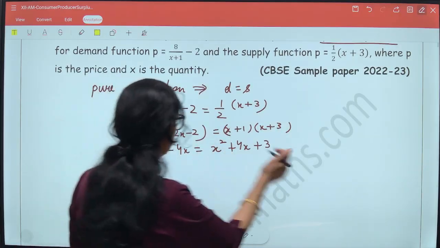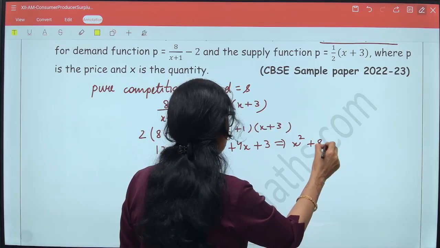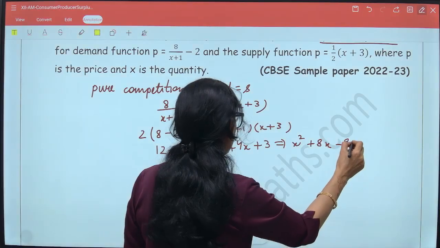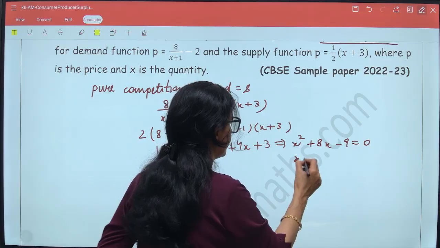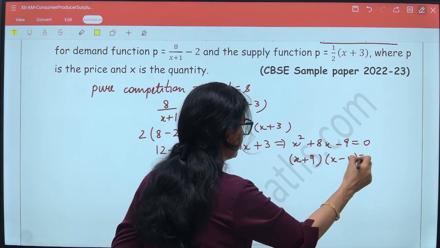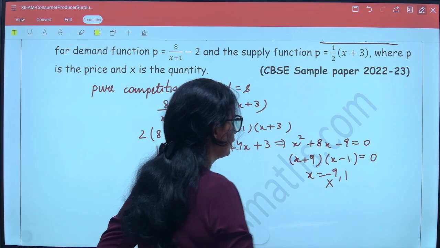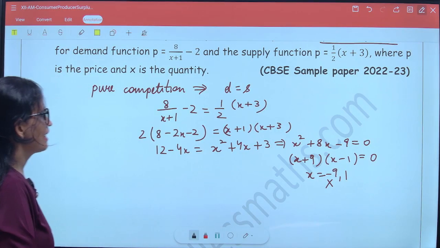Let's take everything to the right side. We get a quadratic equation, x square plus 8x minus 9 equals 0. Let's factorize by splitting the middle term. It will be x plus 9 and x minus 1 equals 0. That gives you the value of x as minus 9 and 1. We cannot have a negative value for the quantity, so we'll have x as 1.